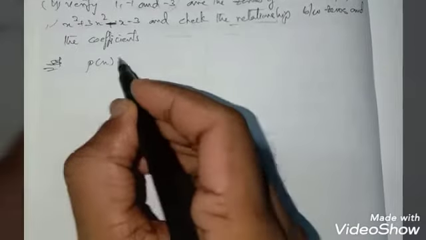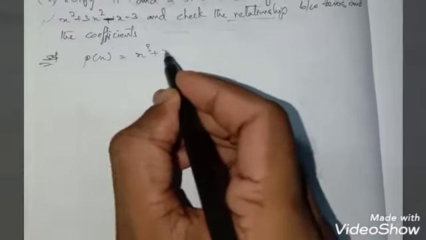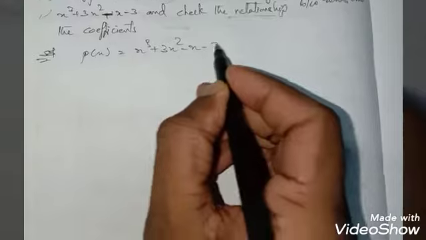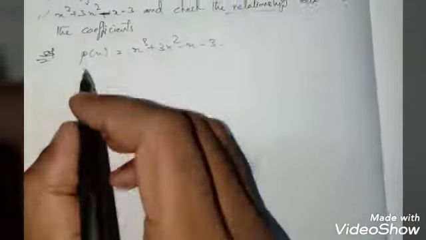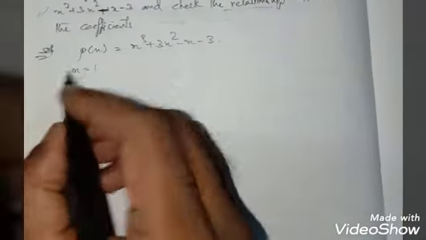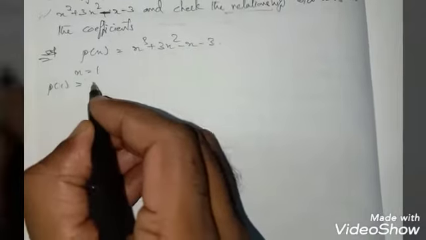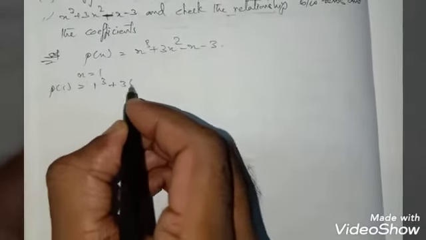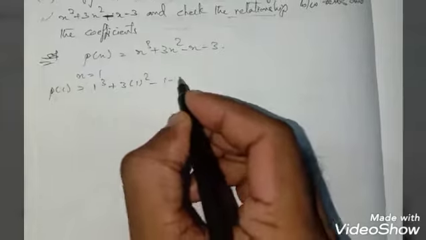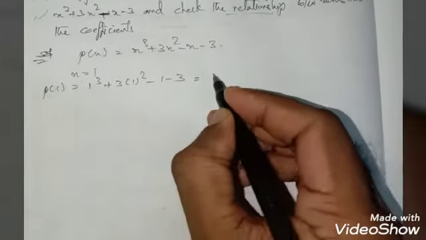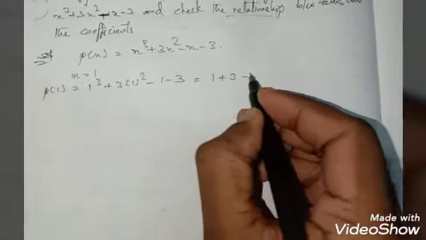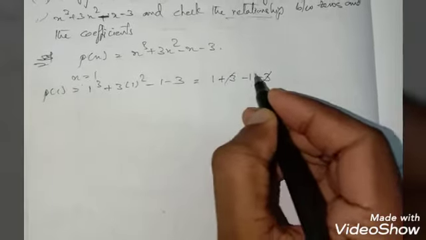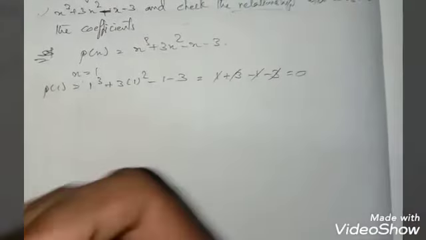The polynomial is given as x cube plus 3x square minus x minus 3. First substitute x is equal to 1, that is p of 1 is equal to 1 cube plus 3 into 1 square minus 1 minus 3. So you'll get 1 plus 3 minus 1 minus 3; plus 3 and minus 3 cancel, minus 1 and plus 1 cancel, answer is 0.